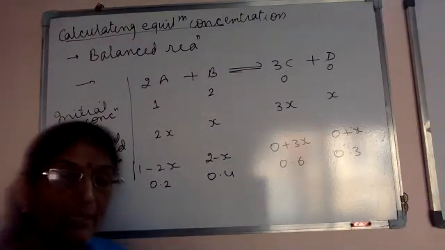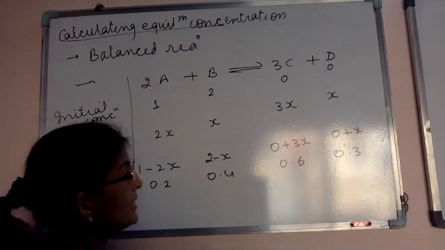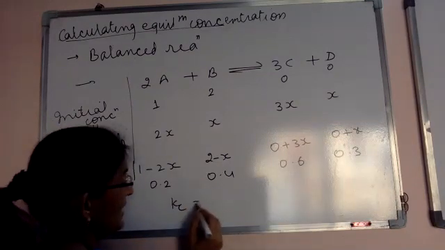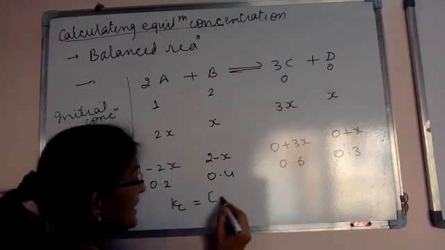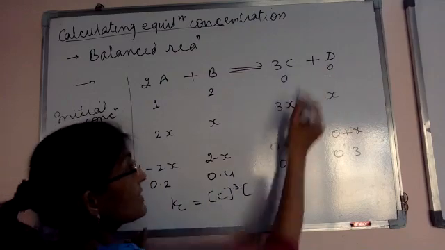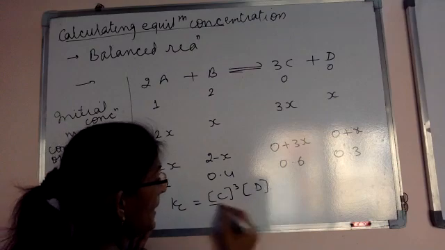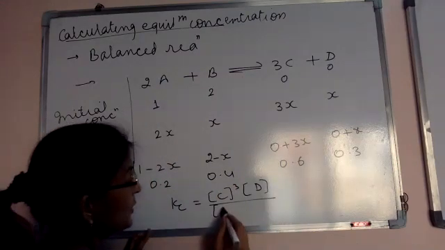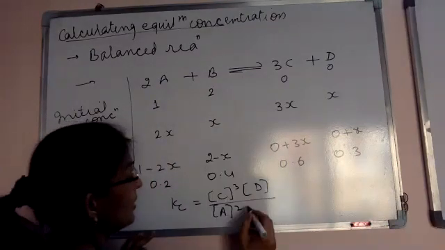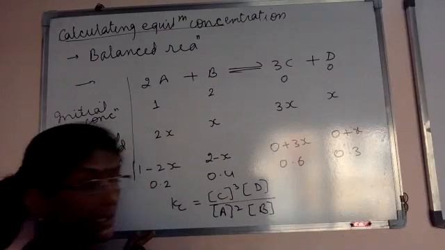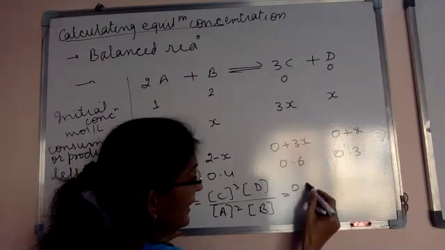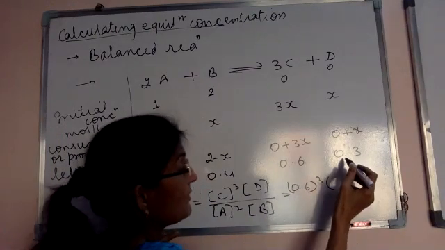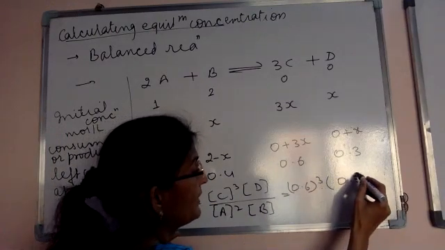And once we have calculated equilibrium concentrations, just by applying the formula we can calculate Kc. What is the formula of Kc? Concentration of C cubed, concentration of D, then concentration of A squared, and concentration of B. Just place the values. Place 0.6 for C. What is the equilibrium concentration of D? 0.3.